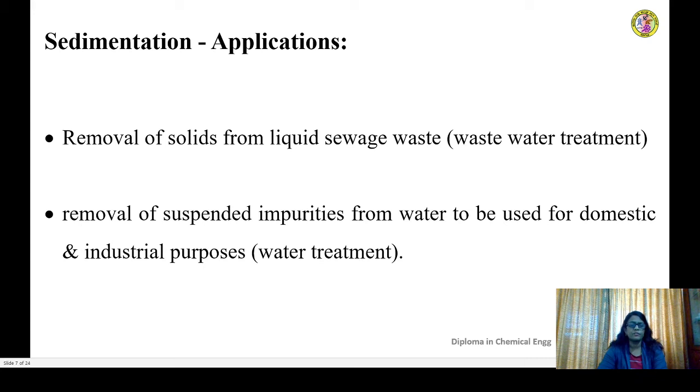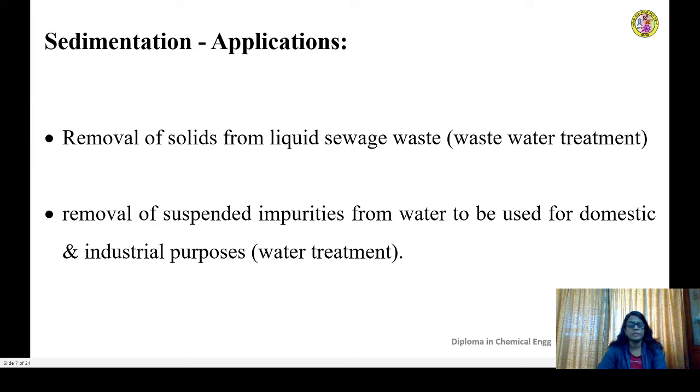Then in the treatment of water, before it is sent for human needs, it has to go through several steps where different kinds of impurities are removed from water. One such impurity which is to be removed is the suspended solid particles. That is, minute solid particles which will be present in water in the form of suspension and make it impure.